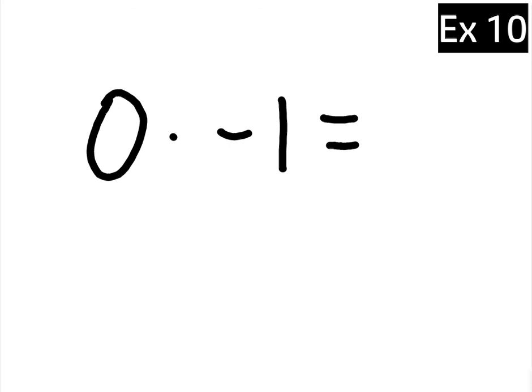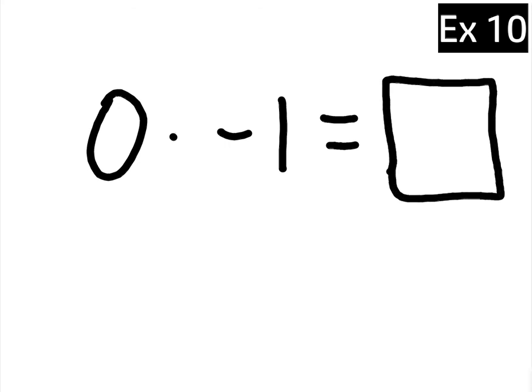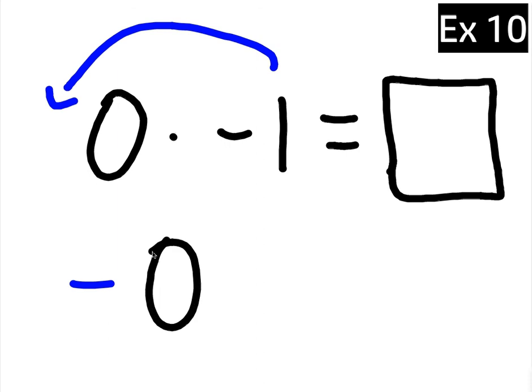I'm going to go ahead and write this one out, because I just thought of it. What if you had 0 times negative 1? What would that be? Well, yes, you could take the negative. Let's do a different color here. Move it out front, right? So now you'd have a negative 0. But negative 0 is actually the same as positive 0, which is the same as 0.